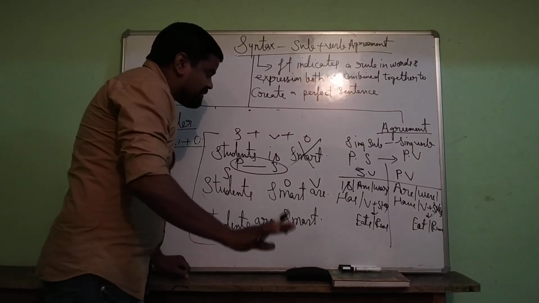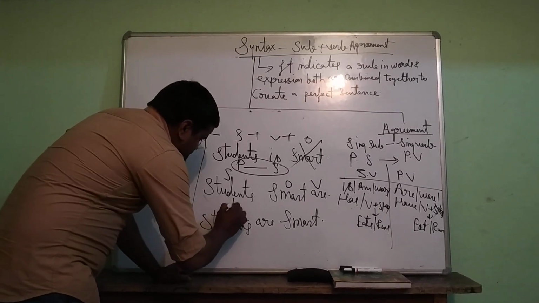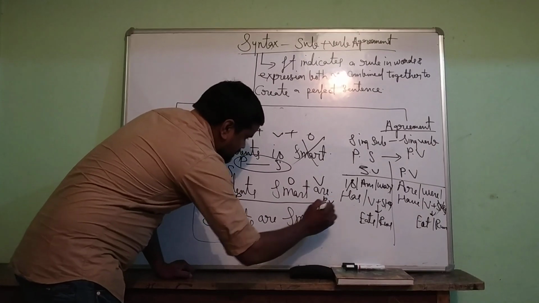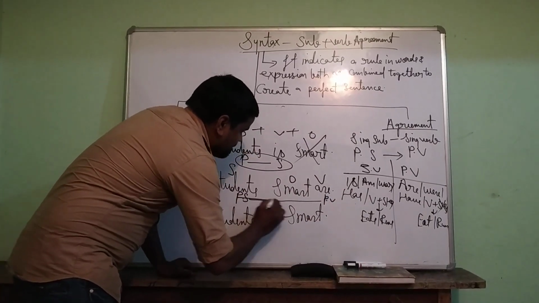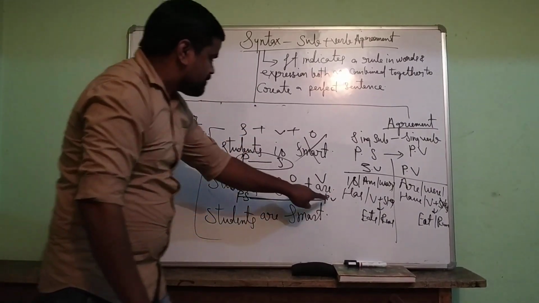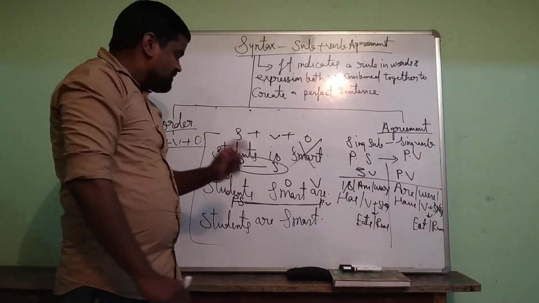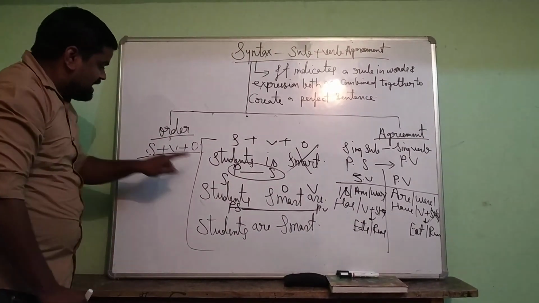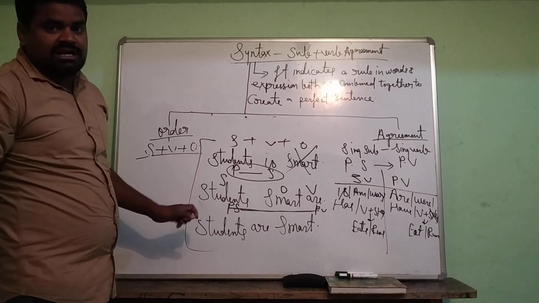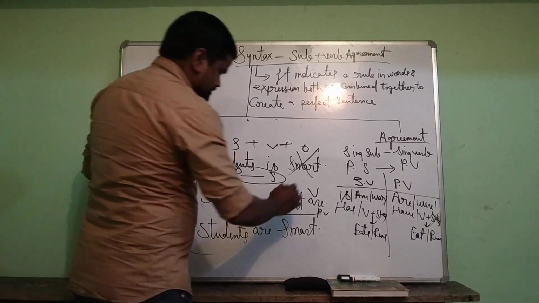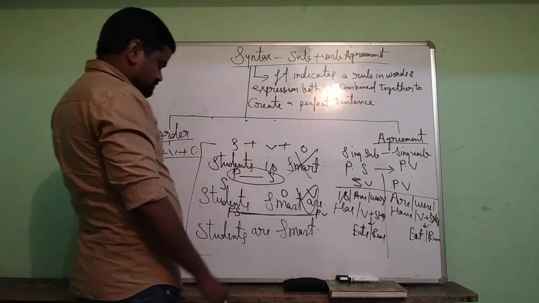But in agreement, it is a plural subject with a plural verb, so the agreement is correct. But the order is completely wrong. That's why your sentence is 100% wrong.